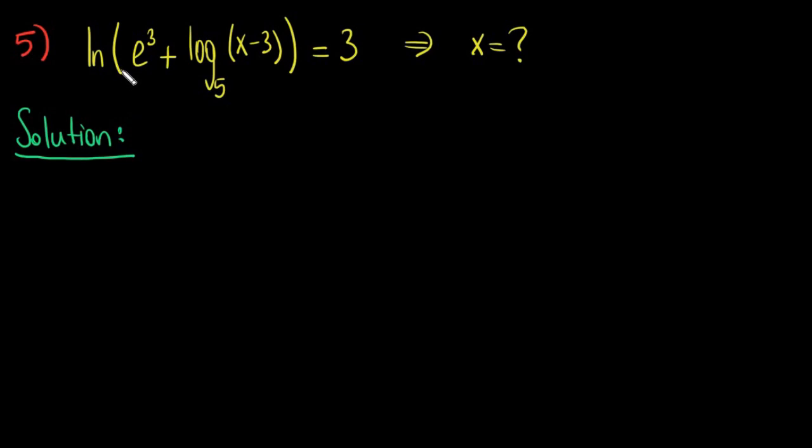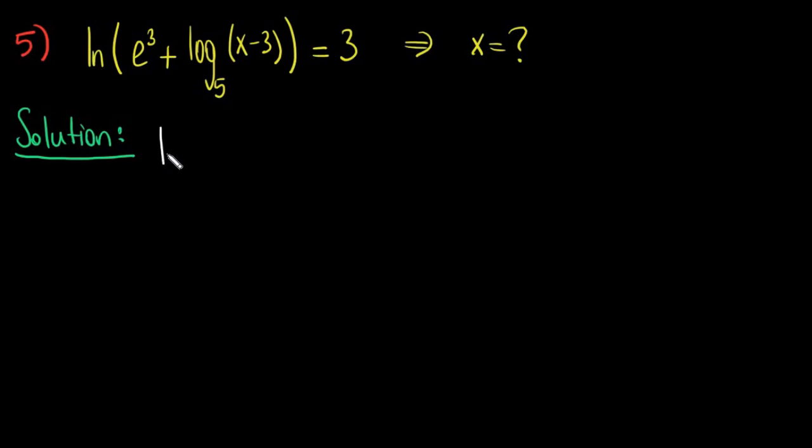Question 5. ln(e cubed) plus log base 5 of (x minus 3) is equal to 3. So what is the value of x? So we have here the natural logarithm, so that means the base is e here.